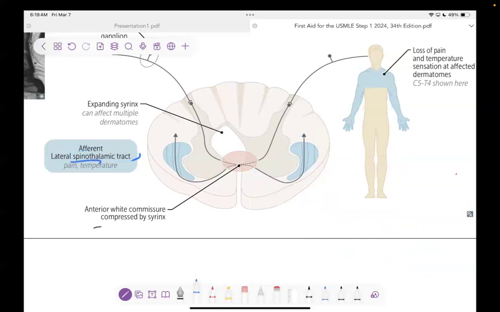Now we understood about spinothalamic. So we don't only have pain and temperature sensation. We also have other sensations like the sense of vibration, position, proprioception. For example, if you are looking at the book, you already know that you are sitting in a chair.